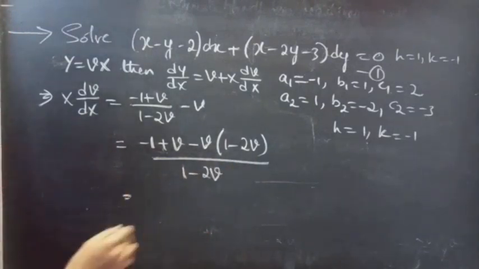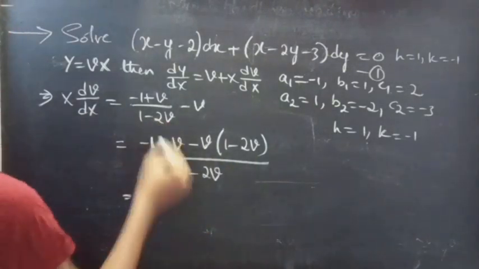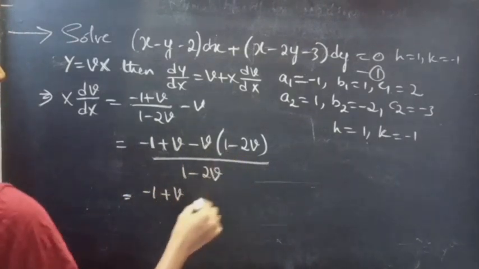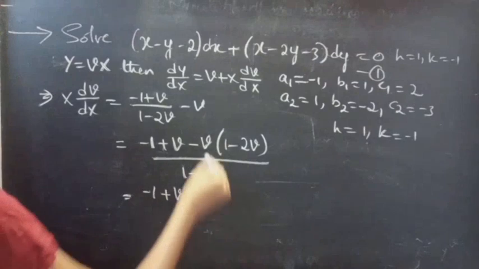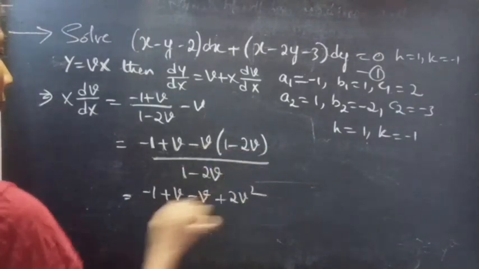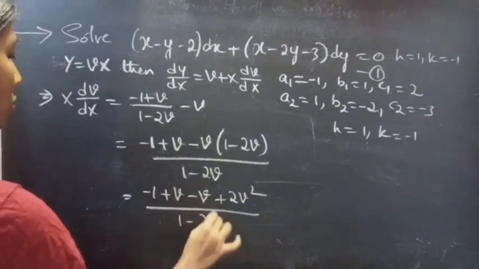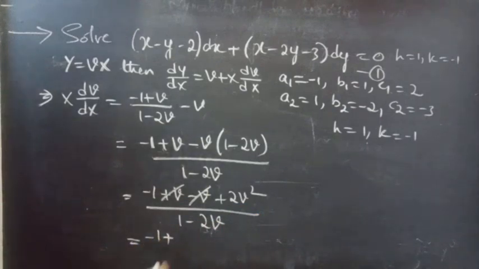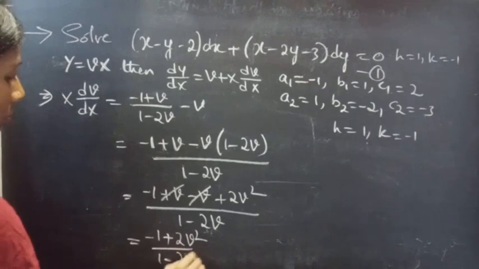Simply we'll take the LCM. Minus 1 plus v minus v into 1 is minus v, minus into minus plus v into 2v is 2v square, by 1 minus 2v. Here plus v minus v gets cancelled and this equals minus 1 plus 2v square by 1 minus 2v.